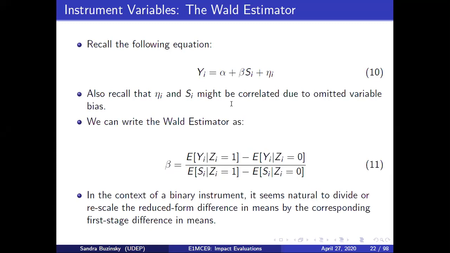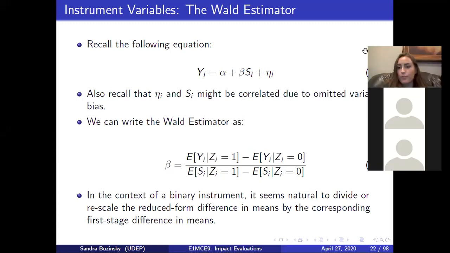Okay, so we can write our Wald estimator as, this is the same really as the equation we wrote before to explain beta, but this is in the Wald format. So beta is equal to the expected value of yi given zi equals 1 minus the expected value of yi given zi equals 0. So that's the same as just our beta for our reduced form as we talked about earlier, just in expected terms, okay?